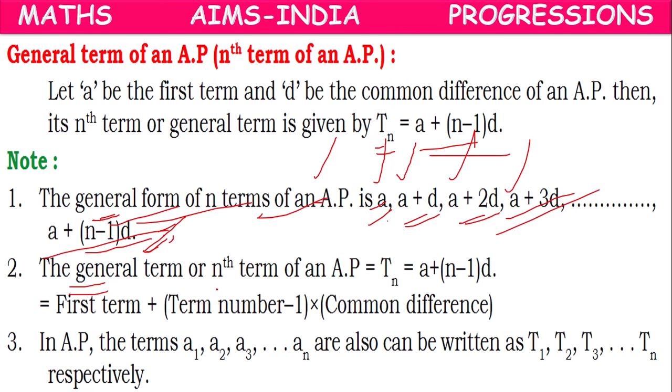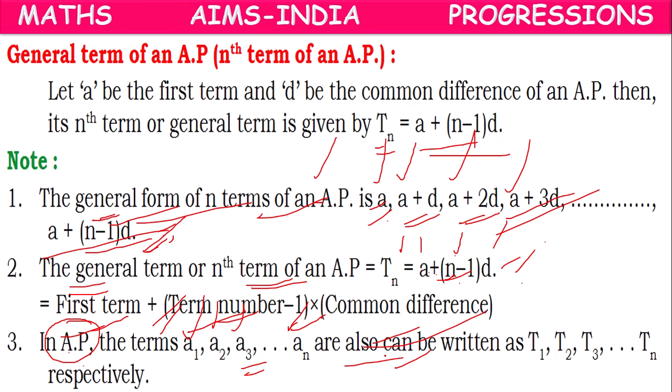The general term, or nth term, of an AP is given by Tn = a + (n - 1) d, where a is the first term, n is the term number, minus 1 we have to take, and d is the common difference. In arithmetic progression, we can write the terms as a1, a2, a3, and so on up to an, or they can also be written as t1, t2, t3, and so on up to tn.